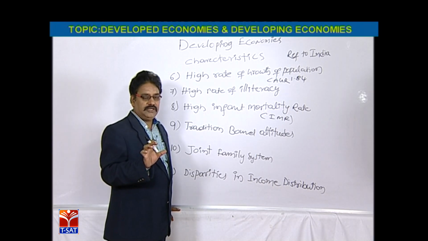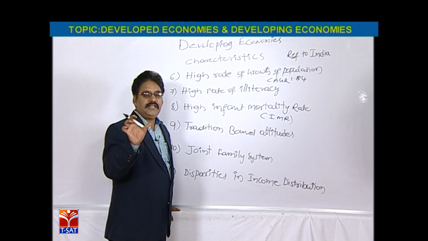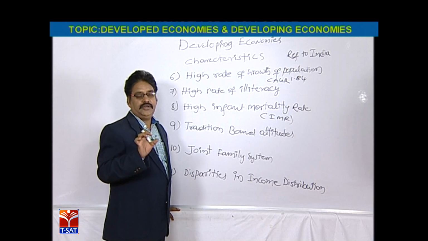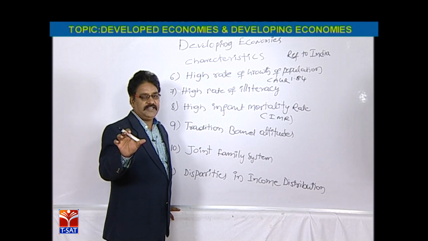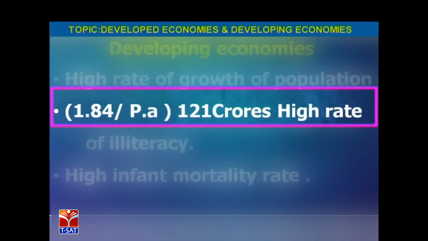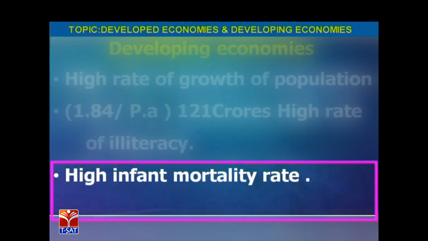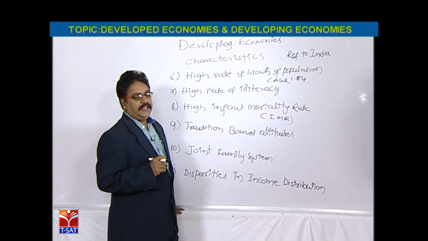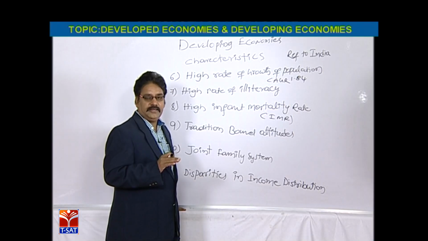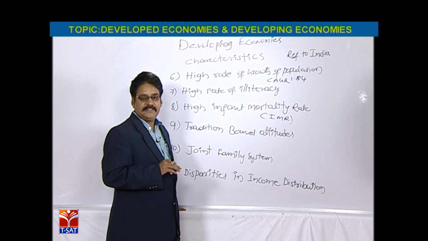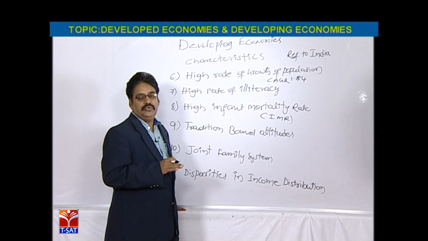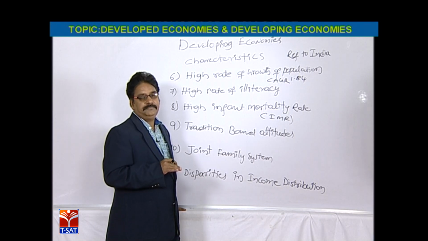Every year, among 1000 newborn children, how many die before attaining 1 year? That ratio is explained by the infant mortality rate. In India, it was very high during the 1950s. It has now decreased from 150 to 47.